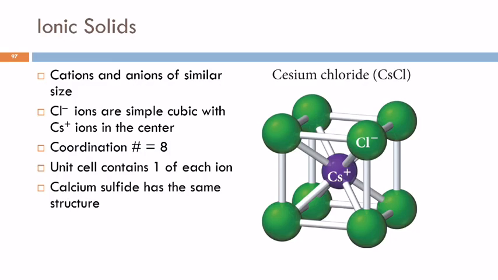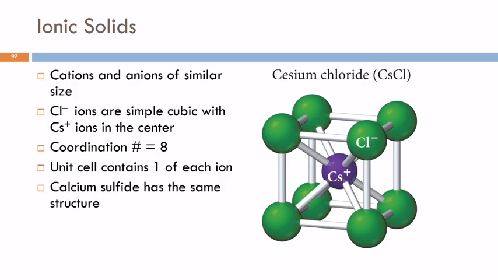When the cations and anions are similar in size, that makes things a little easier. Here, cesium chloride, cesium ions, cations, and chloride anions are similar in size. And so these are going to pack together in a simple cubic structure with cesium ions in the center. We've got a coordination number of 8.